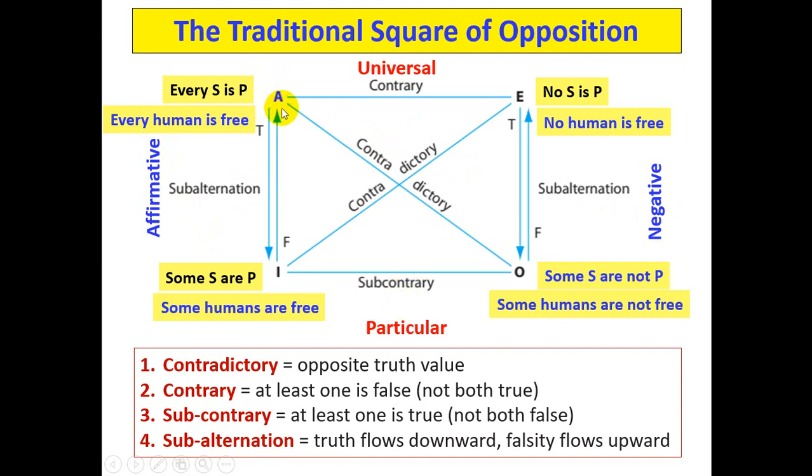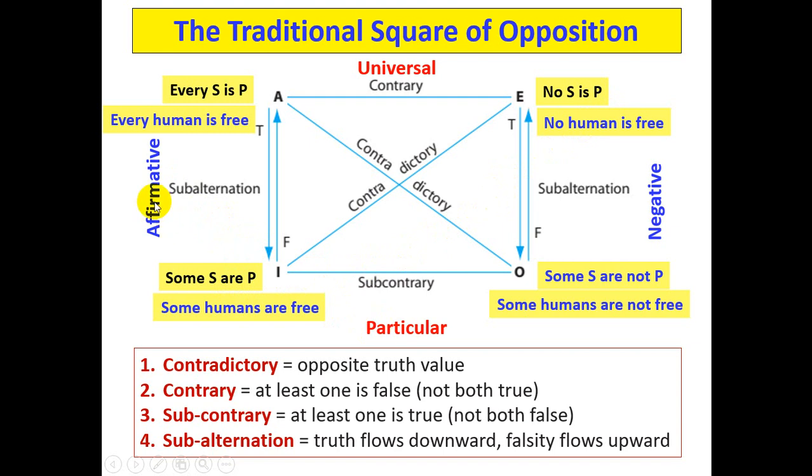Then what about this corner? This one is universal affirmative, and it is called A. Something like every S is P. Let's go to this side. This is universal negative, just to say no S is P. Let's move downwards. This is particular affirmative.